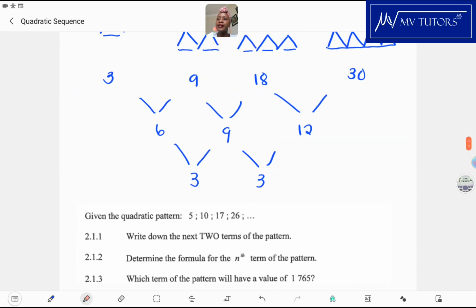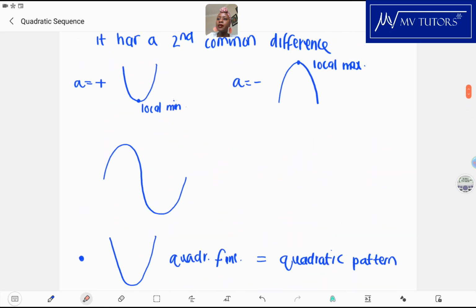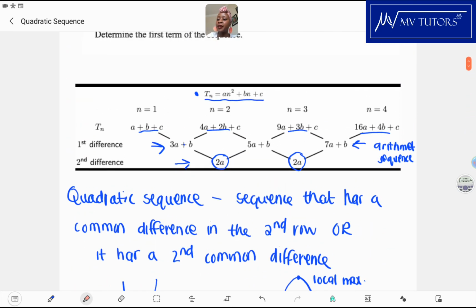Because of when we were covering this. So we're going to equate 2a to 2, and then we're going to equate 3a plus b to 5, and then we're going to equate a plus b plus c to 5 again.